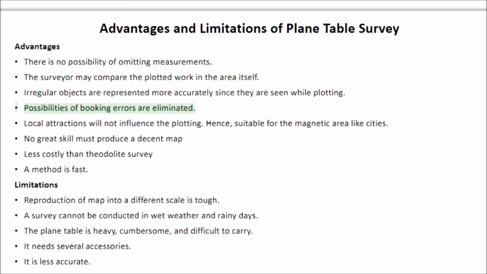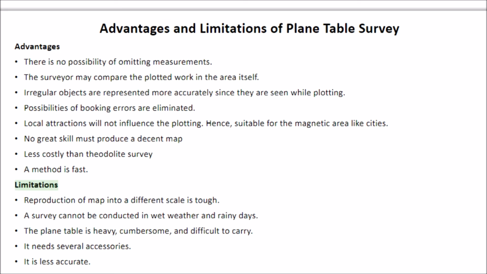Possibilities of booking errors are eliminated. Local attractions will not influence the plotting, hence it is suitable for magnetic areas like cities. No great skill is needed to produce a decent map. Less costly than theodolite survey. The method is fast.